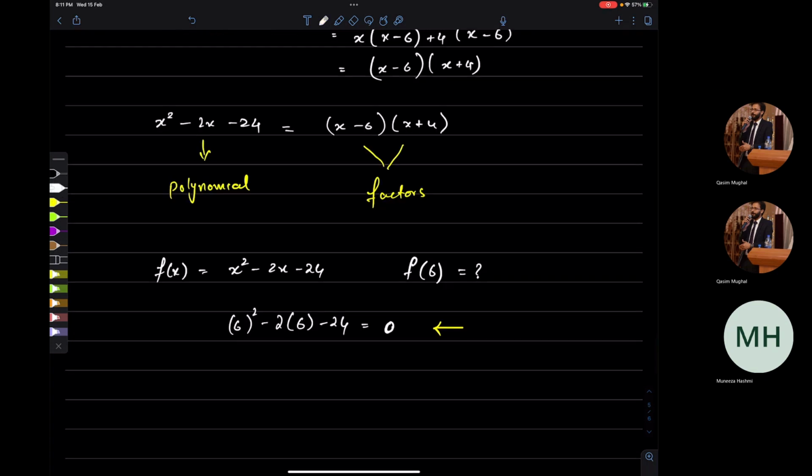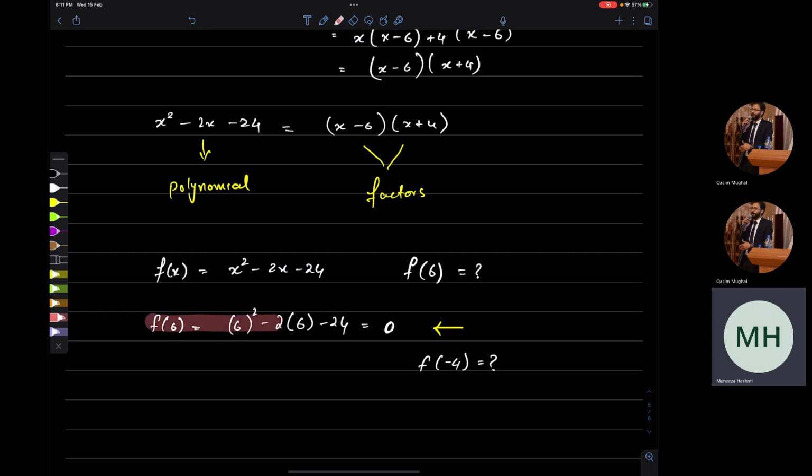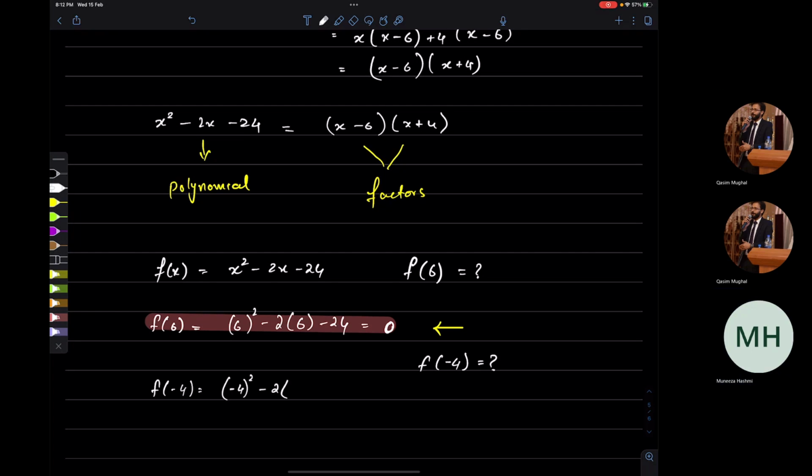Now, can you find out f of -4? I got 0. So f of -4 is -4 whole squared minus 2 times -4 minus 24, and the answer is 0.